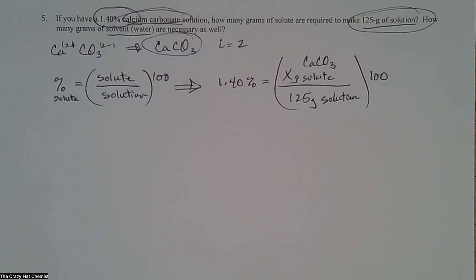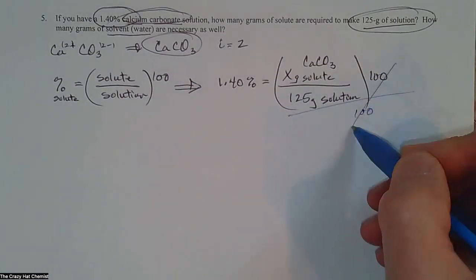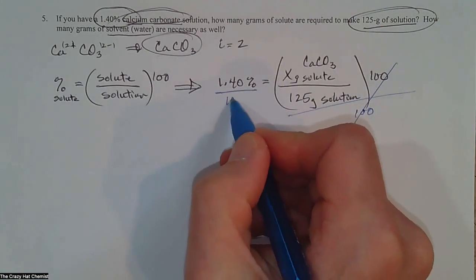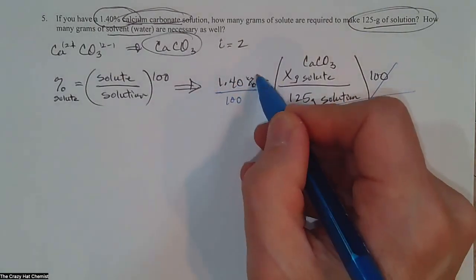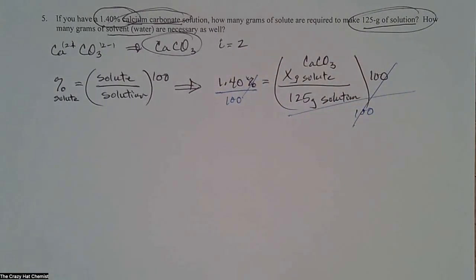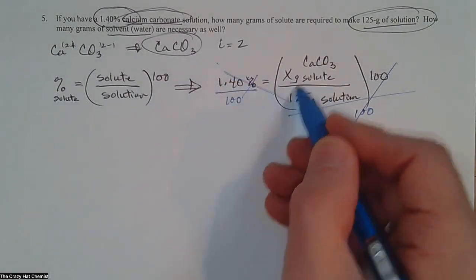All right, so what we have here is our simple math problem. We're going to simplify this, and we're going to divide both sides by 100. That will get rid of this 100 here and divide by 100 here. That will move this decimal place 2 places over and get rid of the percentage, okay? And then we're going to cross multiply after that.